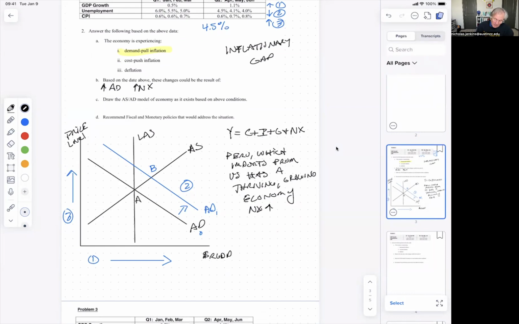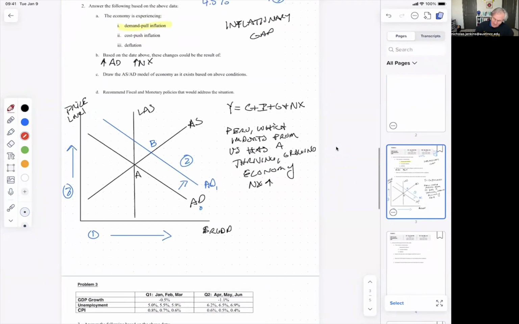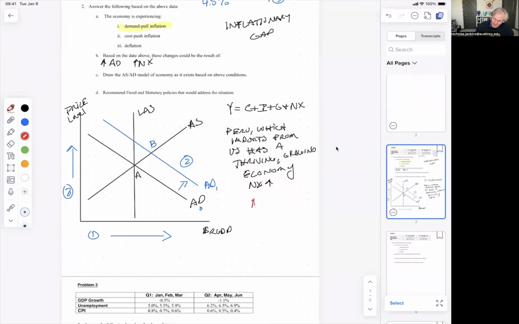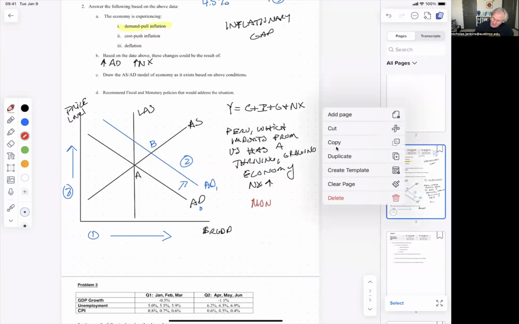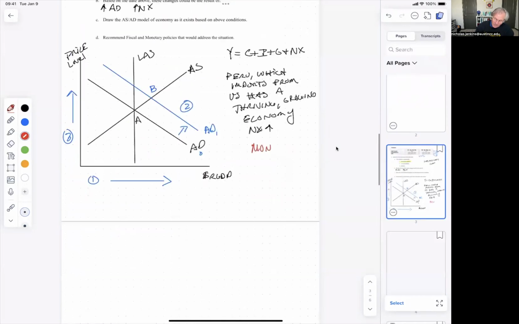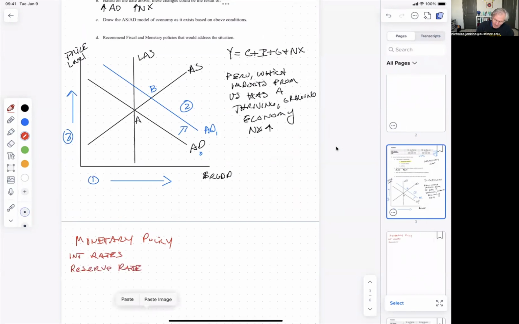With inflation, again, we're going to focus our policy efforts on aggregate demand here. So with monetary policy, very easy. Let me add a page here to make it a little bit clearer. Sorry, my writing is a little bit off today. Again, it's interest rates, reserve rate, or open market operations.